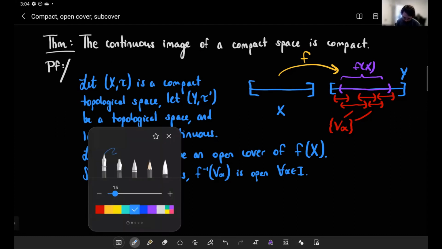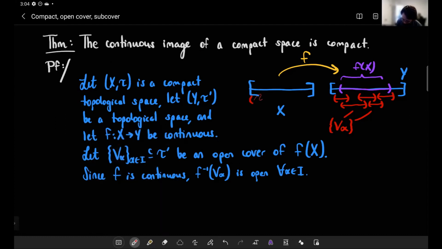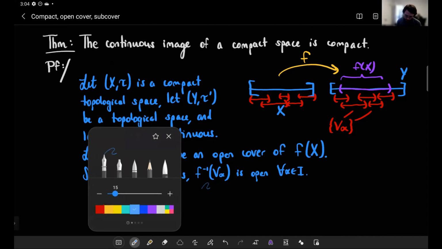So I've pulled these back now, and maybe they warp shape a little bit. Who knows, maybe some of the short ones got long and the long ones got short. But the way I'm drawing this, the implication is hopefully that they'll still cover X. If that didn't happen, I'd be at a loss. But it will.